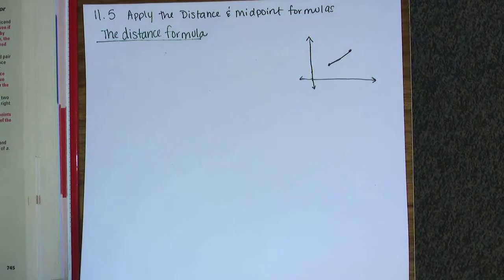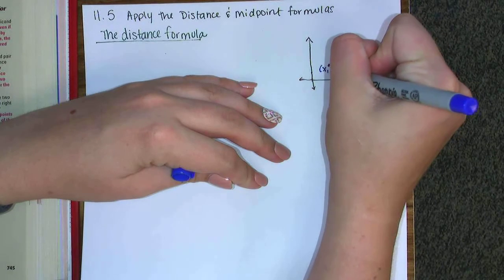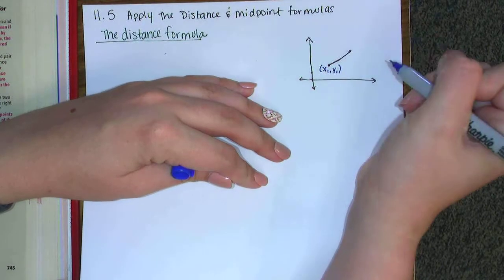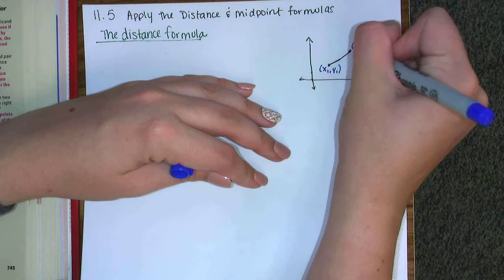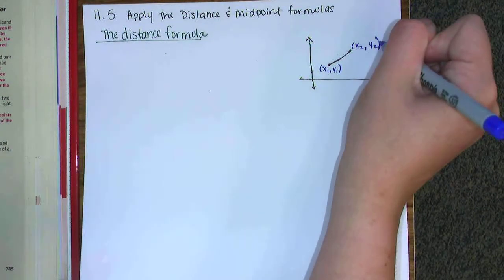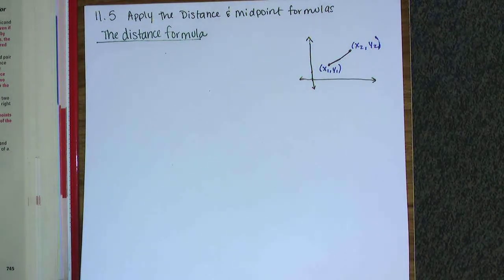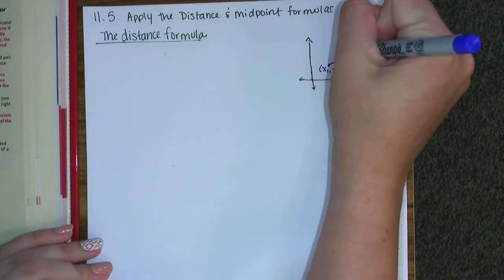Okay? So we have the point x1, y1 there, and then up here we have x2, y2. Okay, so just remember the coordinate always goes xy in order. And we're looking for this distance d right here.